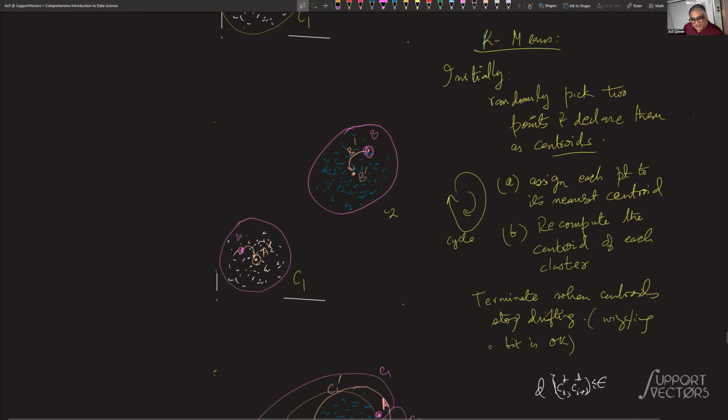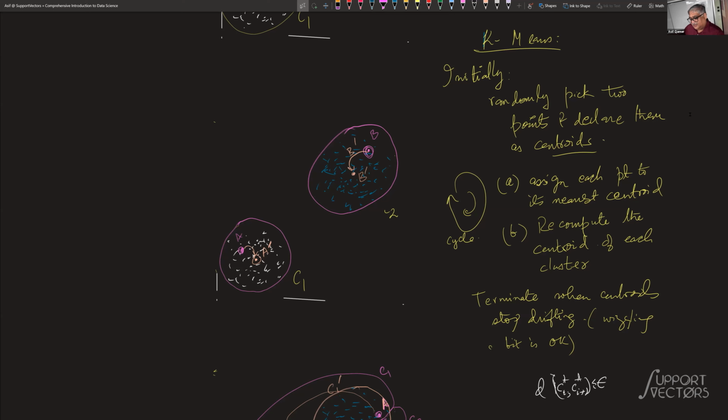Then you go through this iterative process, assign all other points to the nearest centroid, and then recompute the centroid of each of the clusters. So you'll end up with clusters and then recompute the centroid. And you keep on doing it till you notice that in a very intuitive sense, the centroids stop drifting.